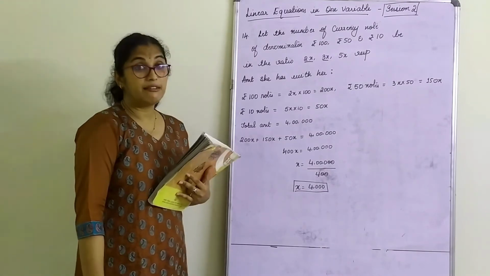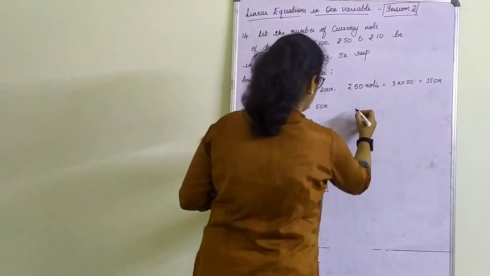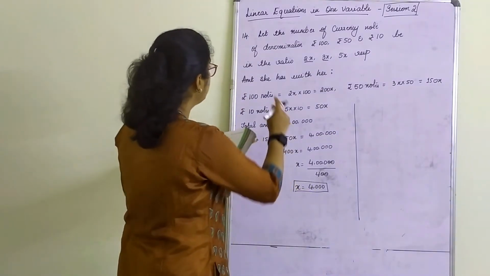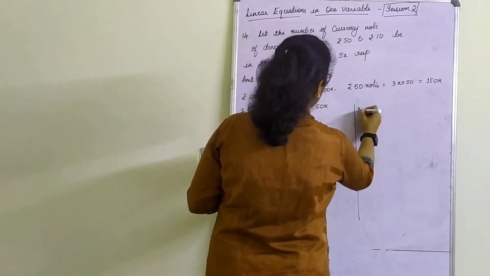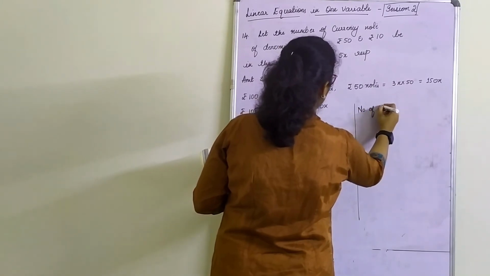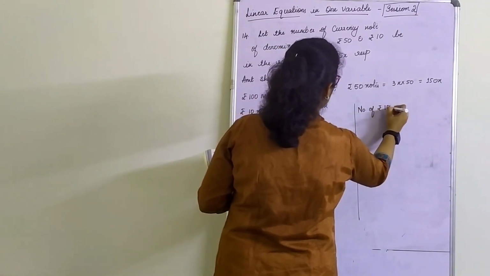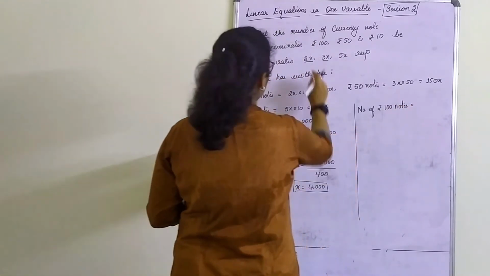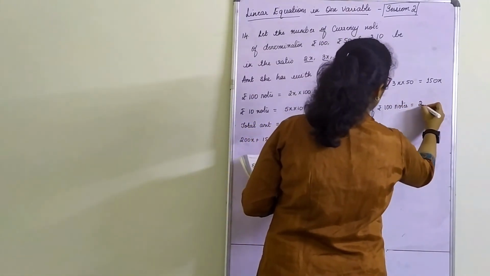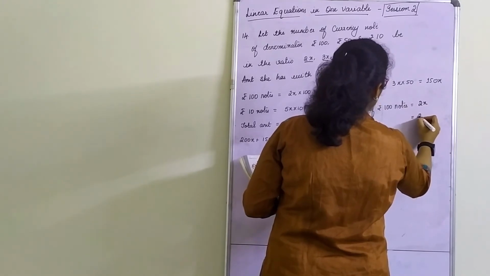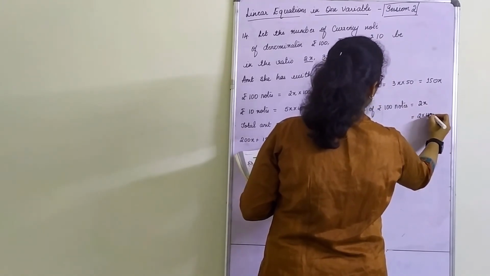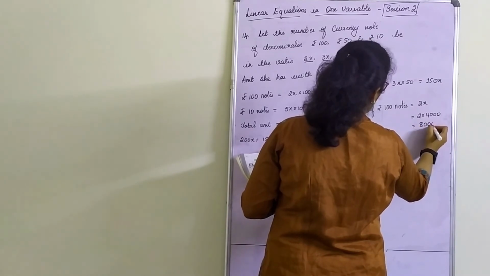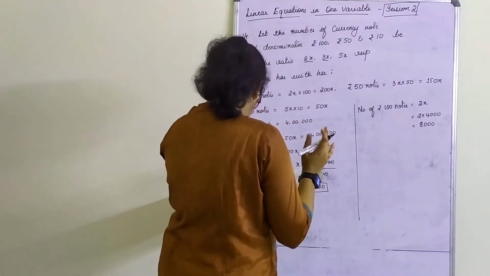So let us calculate the denominations now. We will write here the number of rupees 100 notes. 100 notes were how many of denomination? 2x. That is 2 into 4000. She has 8000 of 100 notes.